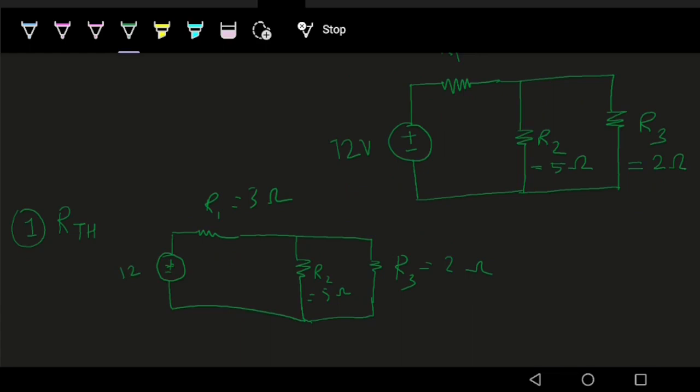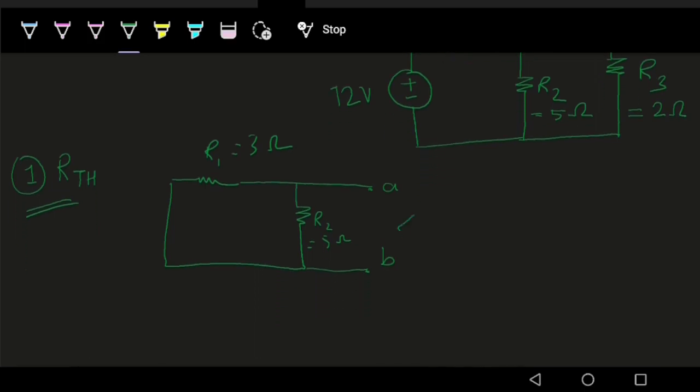So to find RTH we need to disconnect the load. Let's disconnect the load and mark this port A and B. And we have to short circuit the voltage source. These are the steps to find RTH.